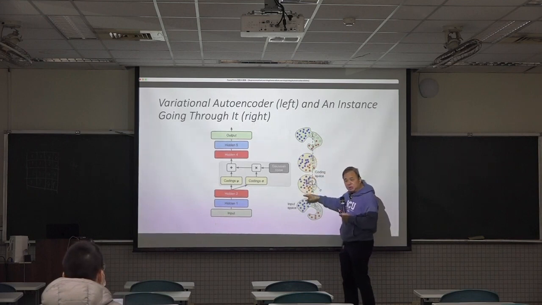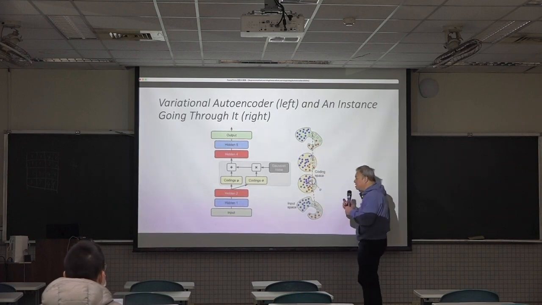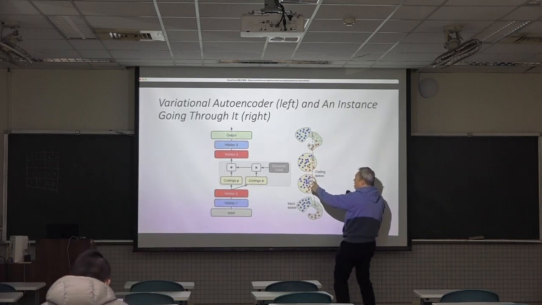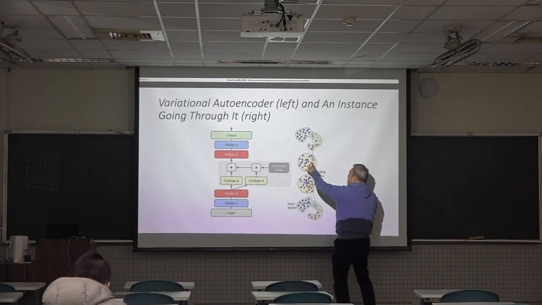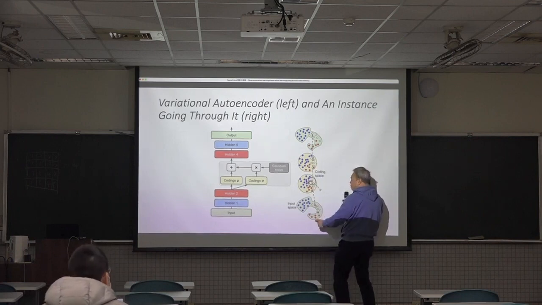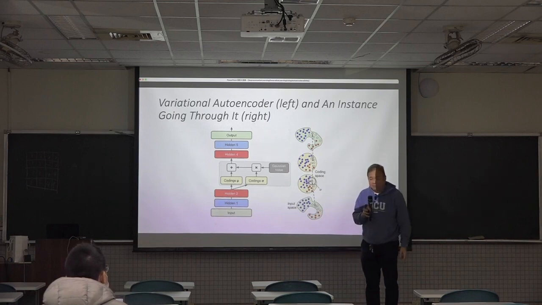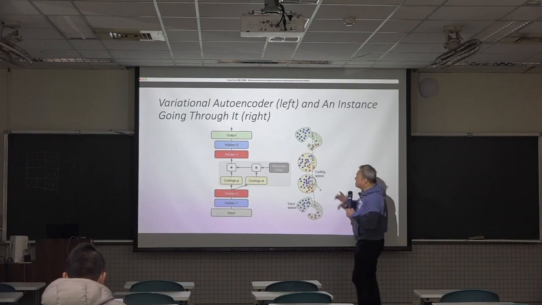Then you use this mu and sigma to randomly sample a point from this distribution. This randomly sampled point will be very close to this input instance, but not the same, because they have the same mu and the same sigma. You just use this mu and sigma to do the sampling to get another instance here.